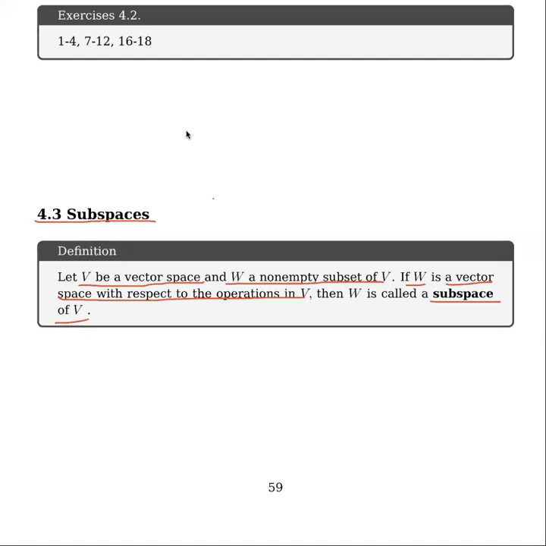We're taking a big set V and a small subset of it, W. If W itself is a vector space, then we call W a subspace. So a subspace is really a vector space inside a larger vector space. That's what it is.